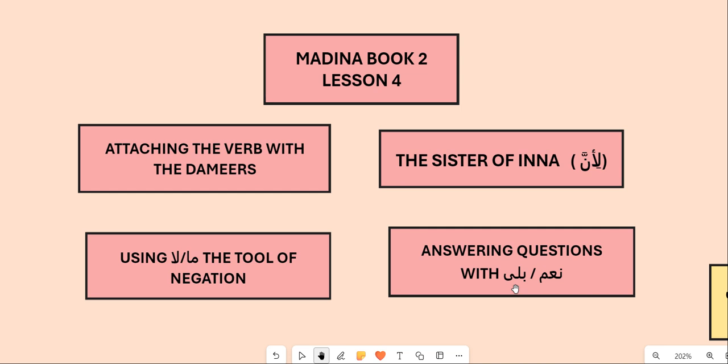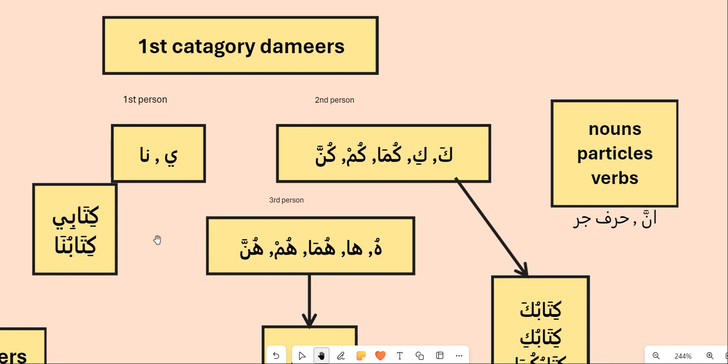So let's do the first kind of damir, that is the first category damir that attaches with nouns, particles, and verbs. So here you can see the first category damir, and it attaches with three things. Remember, it attaches itself with three things, that is the nouns, any noun, and particles, that is inna, harf jar, and verbs also.